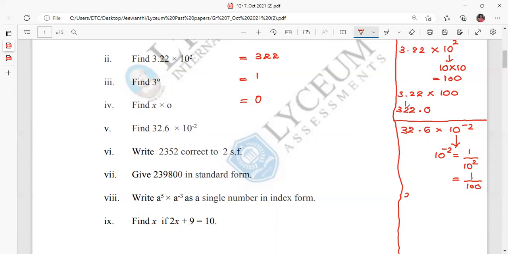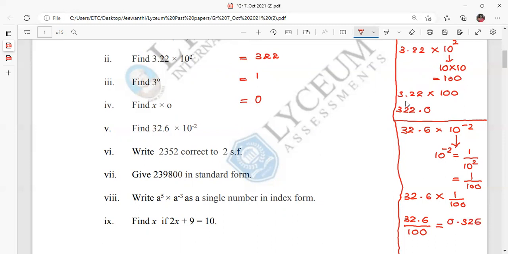Now what happened, children? 32.6 multiplied by 1 over 100. If you are multiplying something like this, by 1 over 100, that means you divide 32.6 by 100. Now, you know what happens when we divide a decimal number by 10, 100, 1000. Again, you learned this when you were in grade 6. Now, what will be the answer, children?